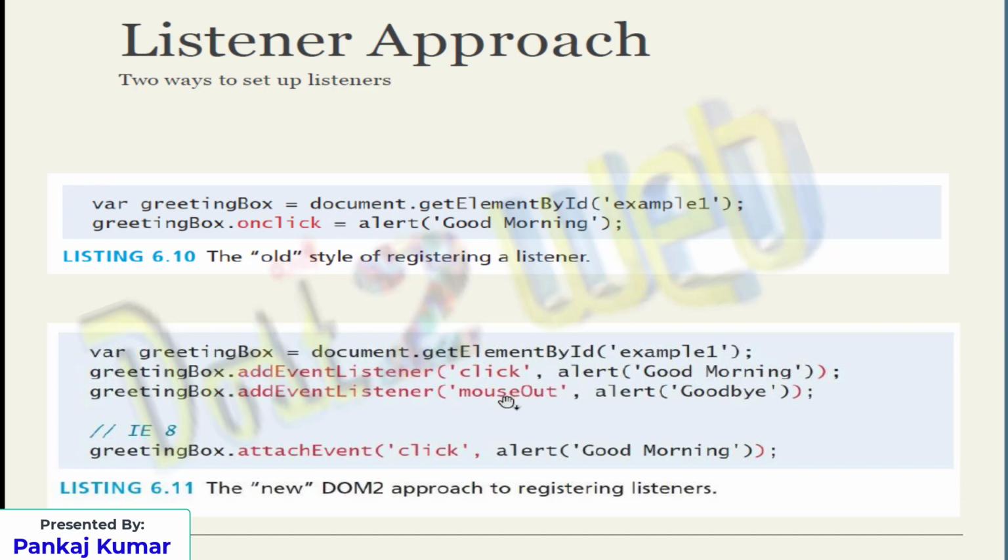When the mouse goes out, it will give the alert goodbye. And this will work in the latest browsers, that is above IE 8. If you have IE 8, then this JavaScript event listener will not work.